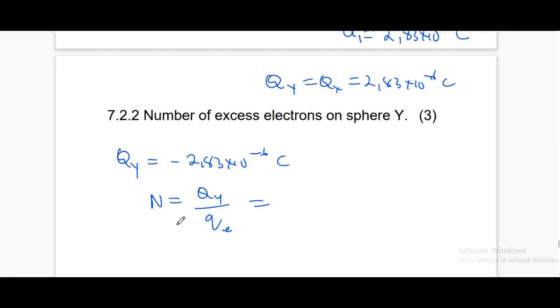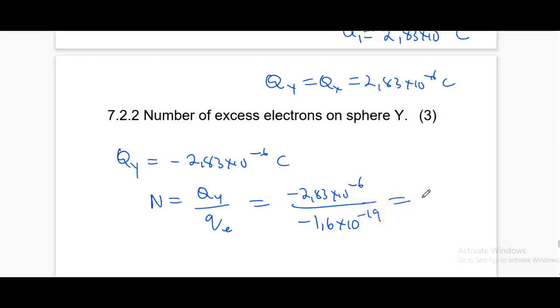Now Qy is minus 2.83 times 10 to the power negative 6. Qe is the elementary charge. Remember, when we are calculating the number of electrons, the number must be positive. Because the charge here is negative, you are going to choose the negative value of the elementary charge.